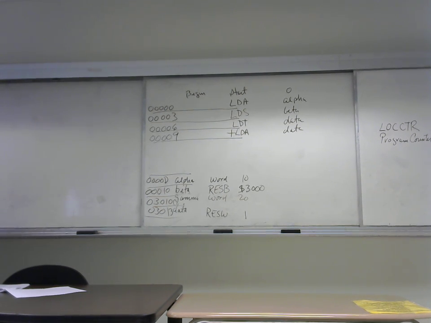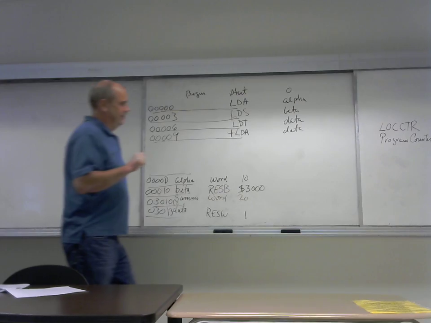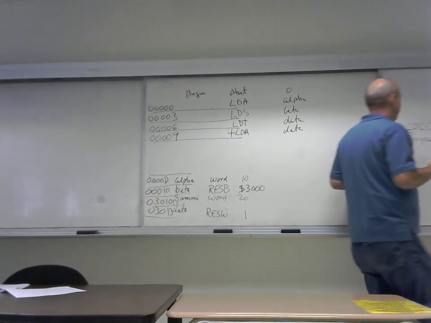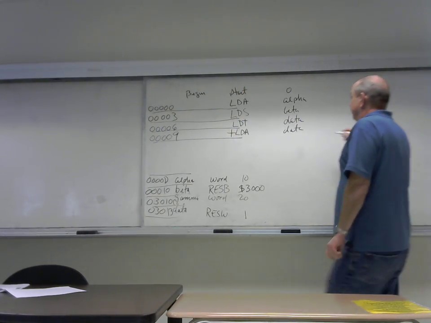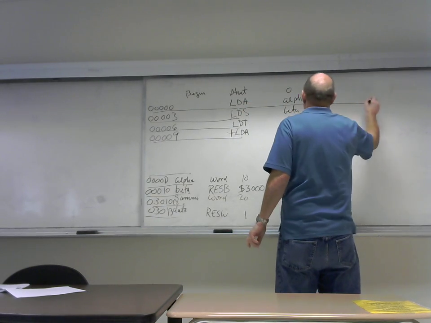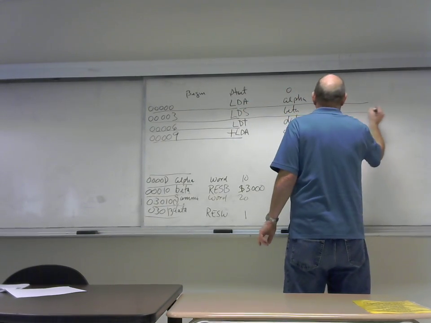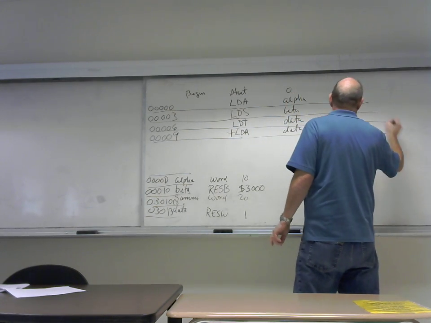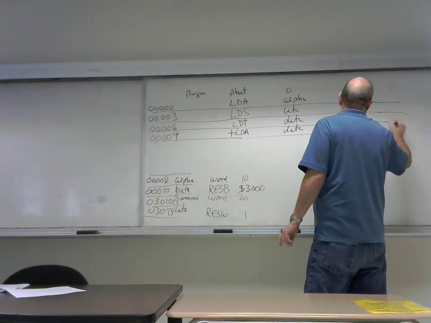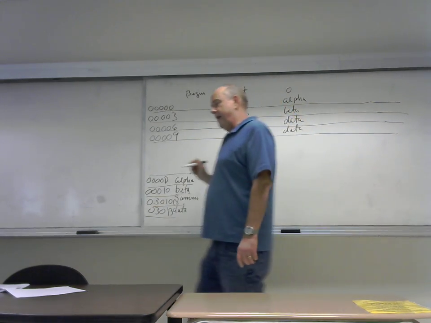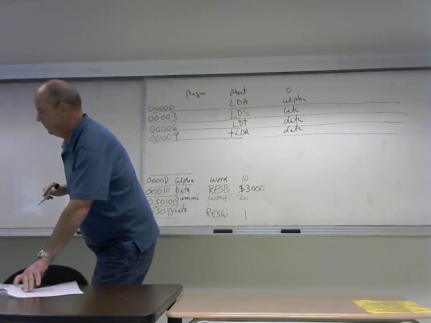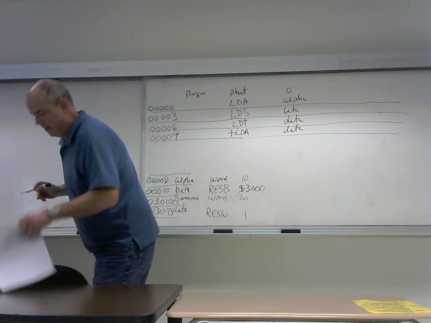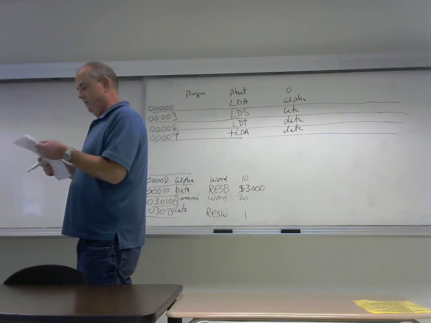Okay, so I want to encode these instructions now. So we will write the code over here. Okay, LDA alpha. So let's work it out. LDA, the opcode is 0 0.